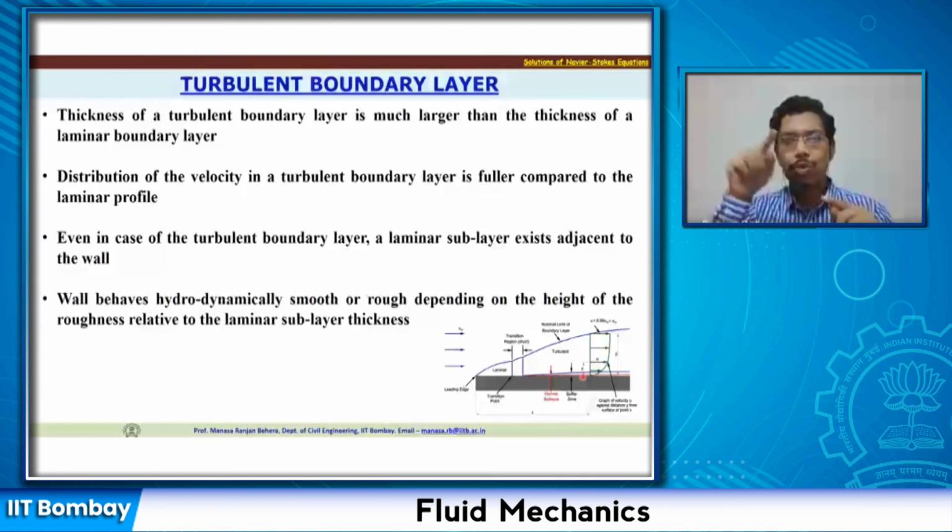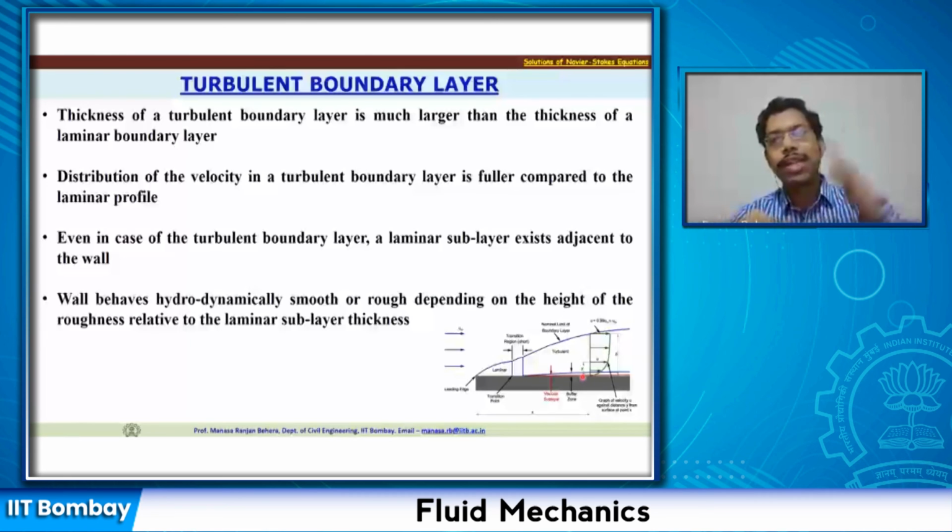The wall could be smooth or rough, but we are not worried about that. Whether the wall feels hydrodynamically smooth or rough depends on the height of the roughness relative to the laminar sublayer thickness. The laminar sublayer thickness below the turbulent boundary layer decides whether the wall behaves as smooth or rough.